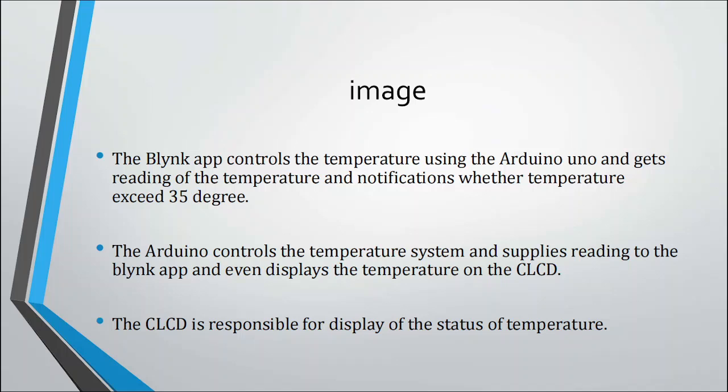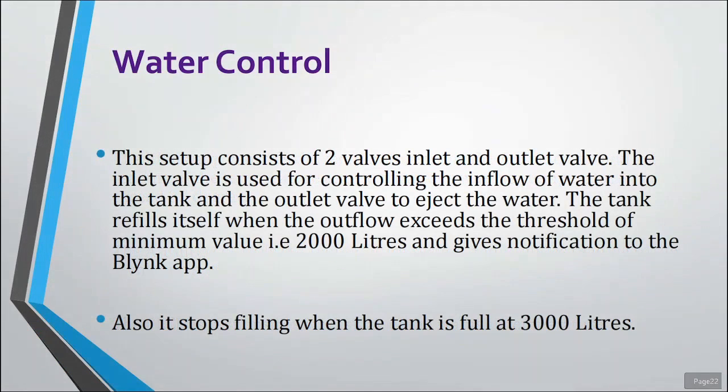If the temperature exceeds 35 degrees, the heater is automatically turned off and a notification is sent to the Android phone using the Blink app. Next, the Arduino controls the temperature system and supplies the reading to the Blink app, and it also displays the temperature on the CLCD. The CLCD is responsible for the display as well as the status of the temperature.